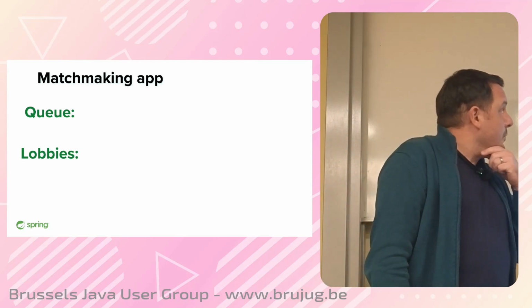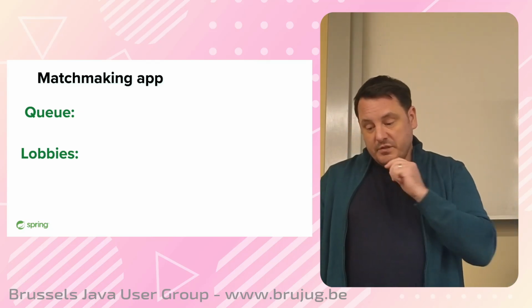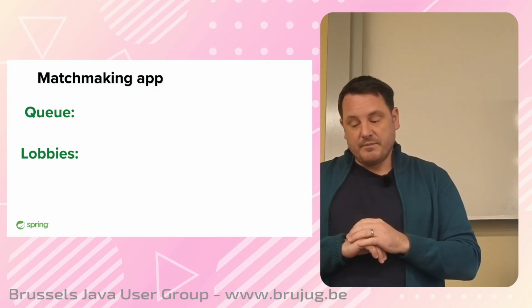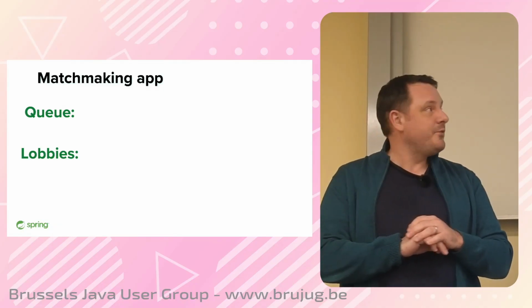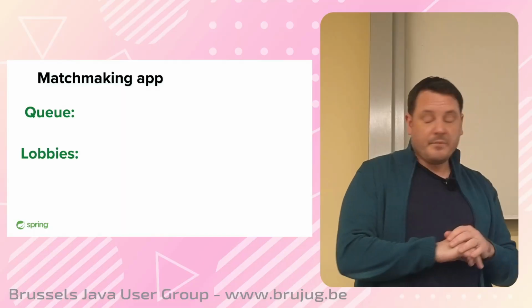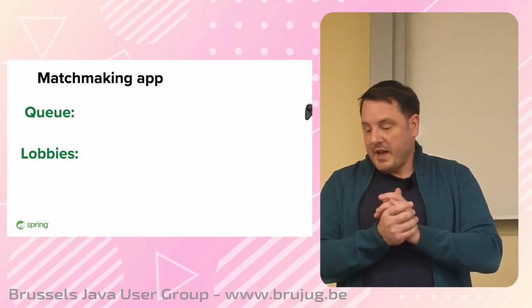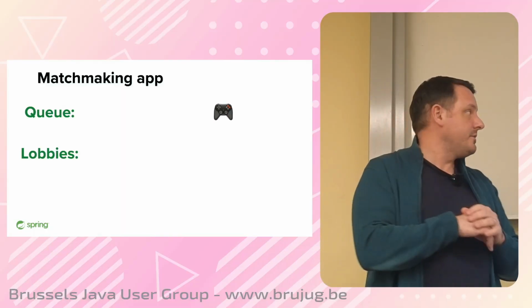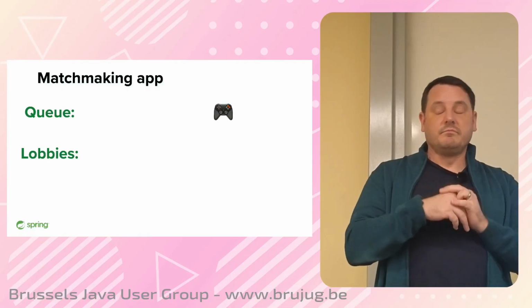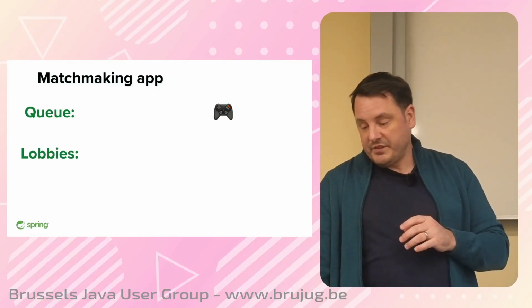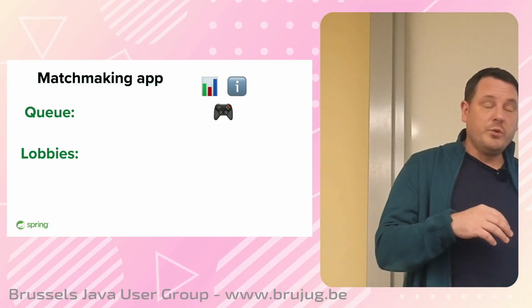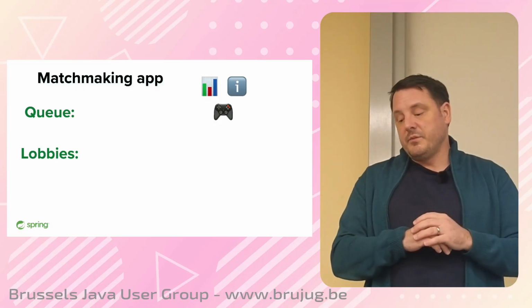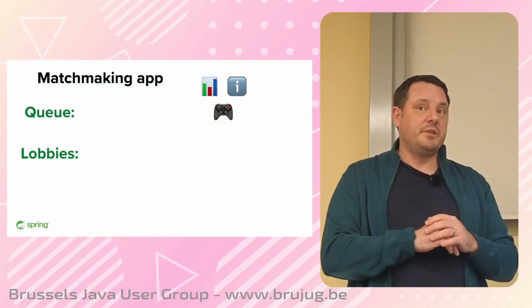So we will work on a small application just to use as a showcase for the demo. Let's assume a matchmaking app, but for games, for gamers actually. The app lets gamers register to a queue, and when they register, we ask some remote services about two things: the profile of the player and the stats of the player.